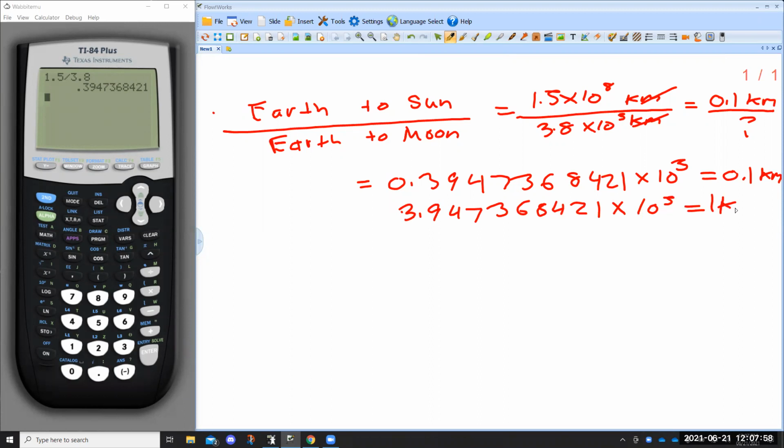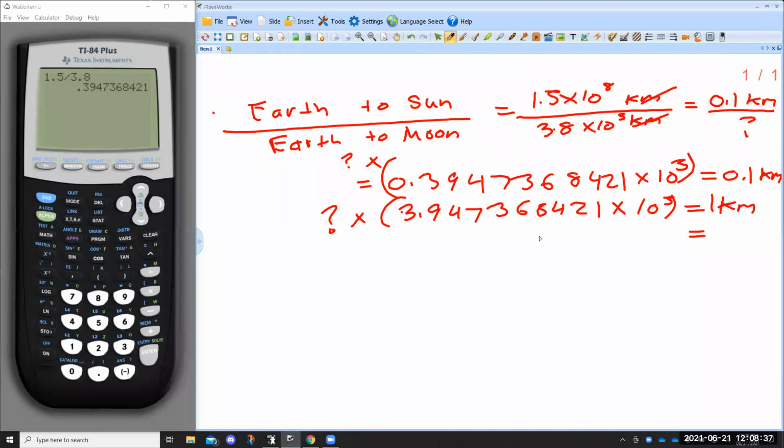That's 1 kilometer, right? And this is going to be times question mark. So I want to divide by this crazy number here.